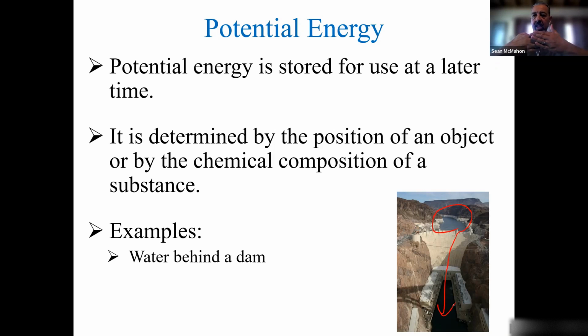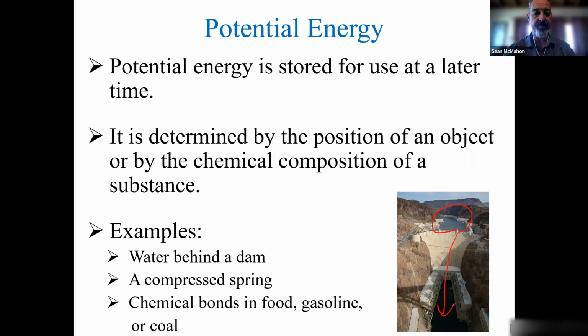But if I'm blocking it so that it goes through turbines to turn those turbines to create electrical energy, we can't create energy, we can only transform it, then I'm storing that potential energy for the normal thing for water to roll downhill. Another example, a compressed spring, right? So if we compress a spring, it has potential energy stored in it. Once I release it, right, it might open up and move, kinetic energy.